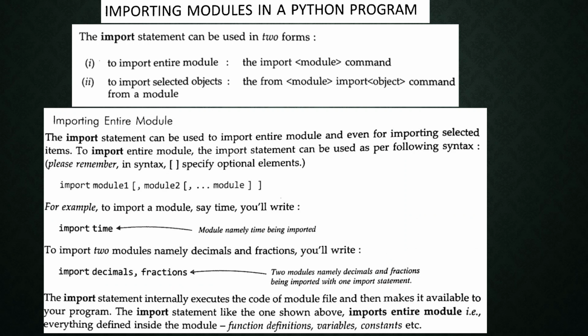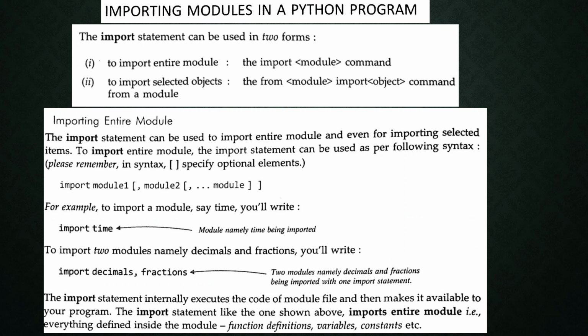See, in the last program, temp conversion: suppose you want to access only to Fahrenheit, to convert centigrade to Fahrenheit, we can access just the 2 Fahrenheit function. No need to access the whole module. That's why, to import selected objects from a module, use the import object command from a module.